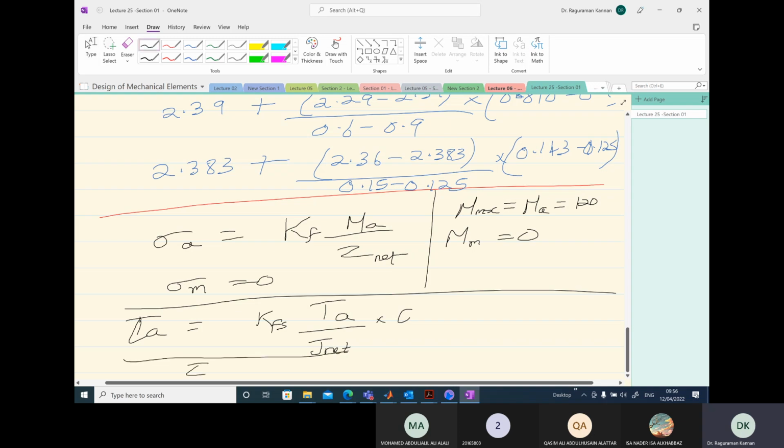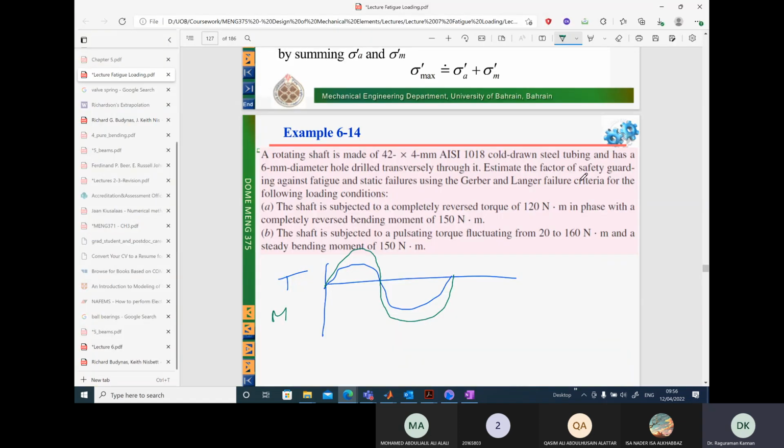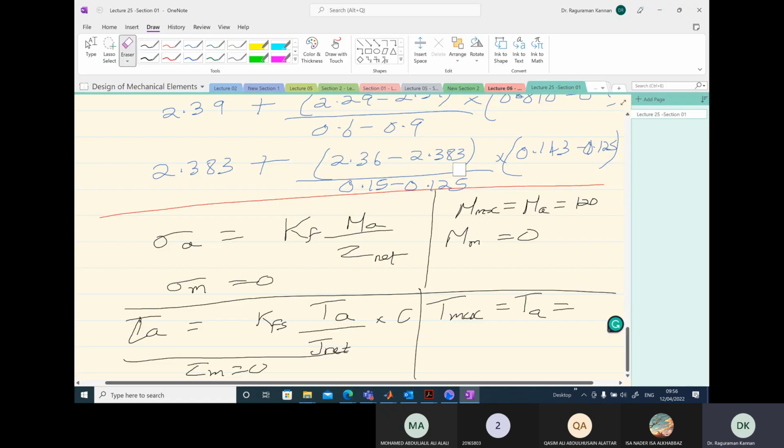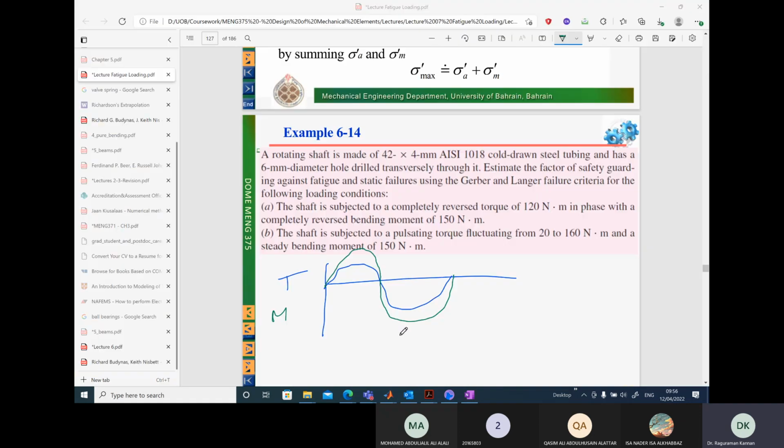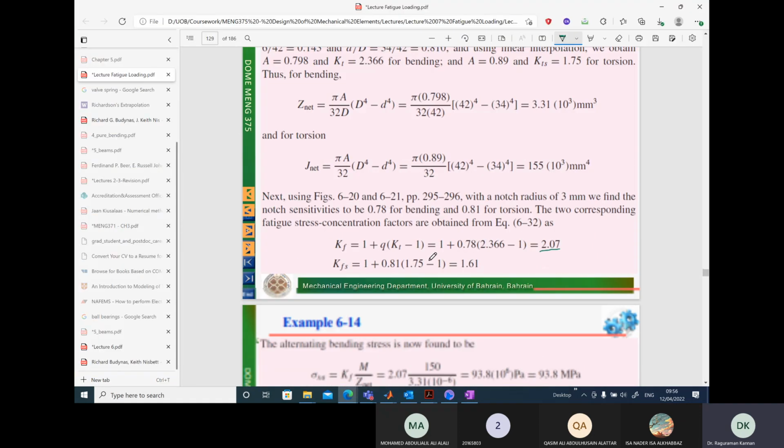The tau m value will be identically equal to 0. Why? Again, it is completely reverse loading. Tau max equals tau A. Go to the problem, and sorry, this is the torque and this is the bending moment. So in which case here it will be 150, and here 120, and then the T mean value is equal to 0. Okay, so using all these values, we will be able to evaluate.